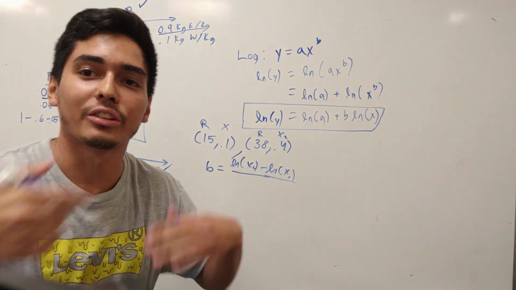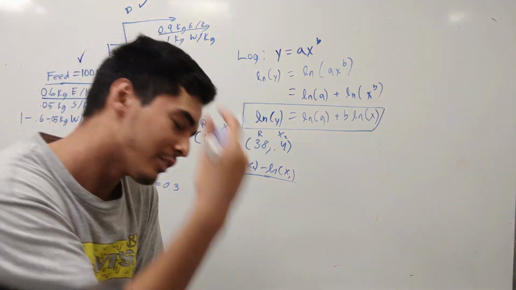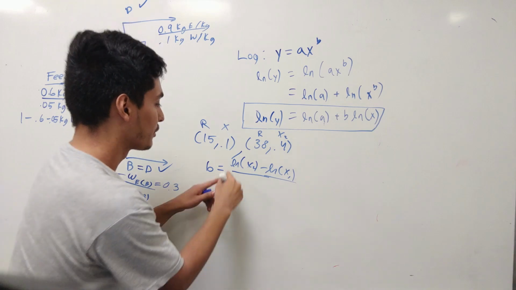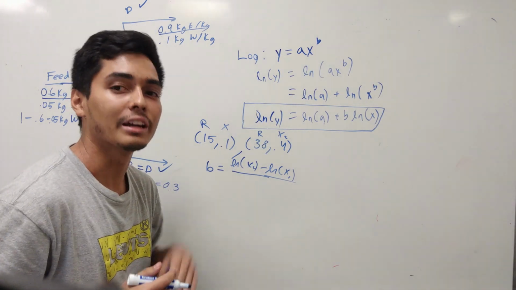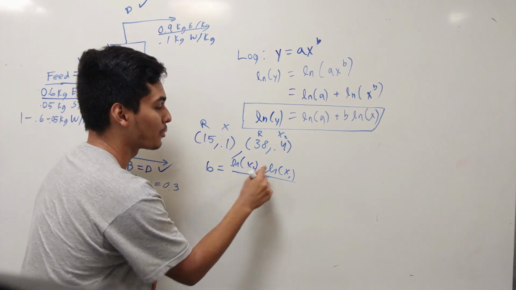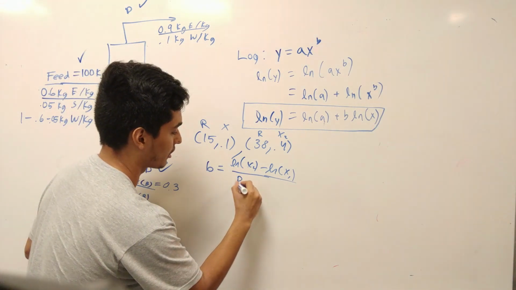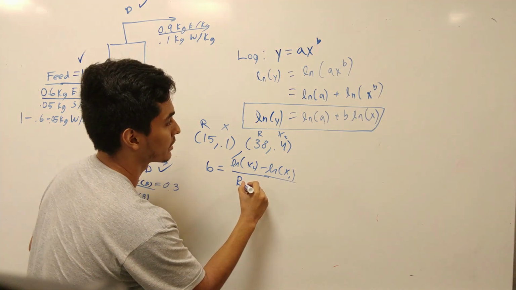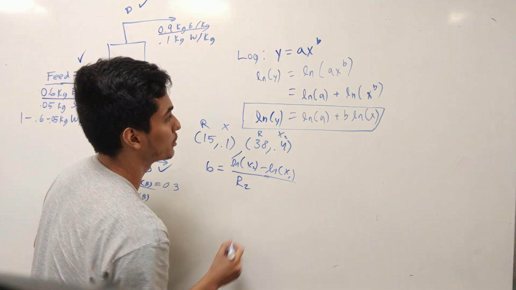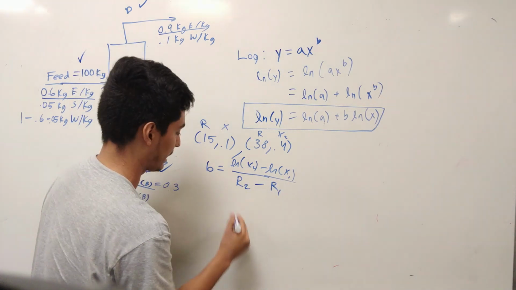This is why it's so confusing, because the x turns into y, but don't think about x in terms of y. Think of it in terms of the output and the input. So for the slope, it's the output difference over the input difference, delta y over delta x. This is your delta y now, and this is going to be your ln of R2 minus ln of R1.